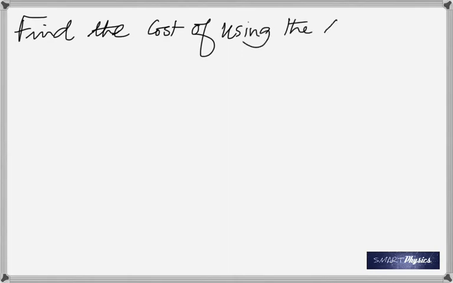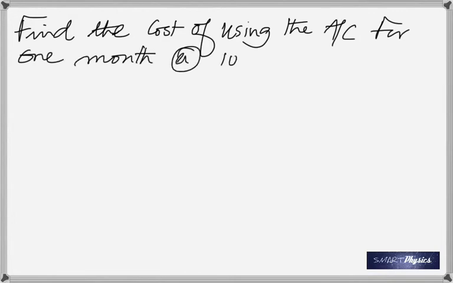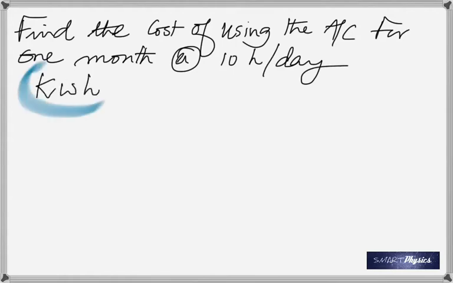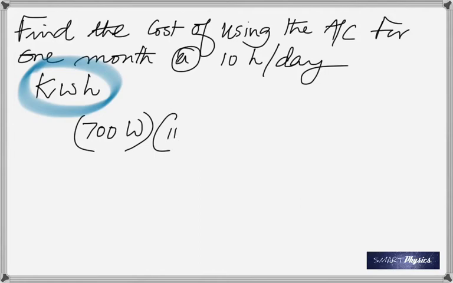All right. Find the cost of using the AC. I believe I said 10 hours per day for 1 month. So the unit you have to get is kilowatt hour. So see how we get that.